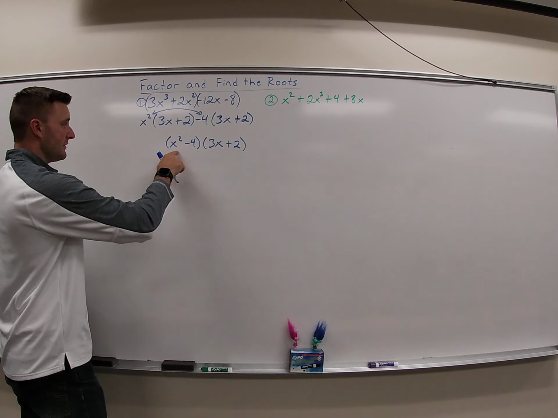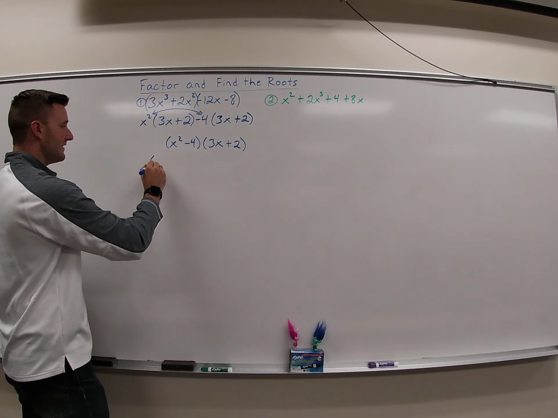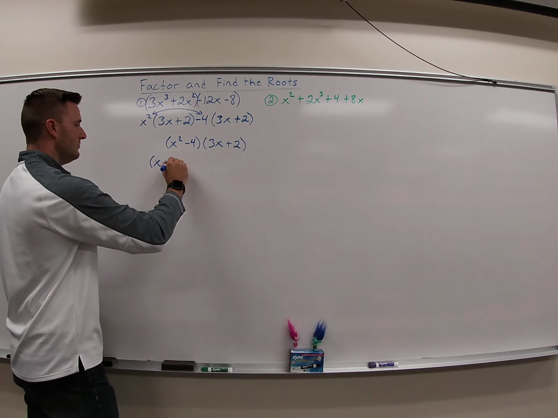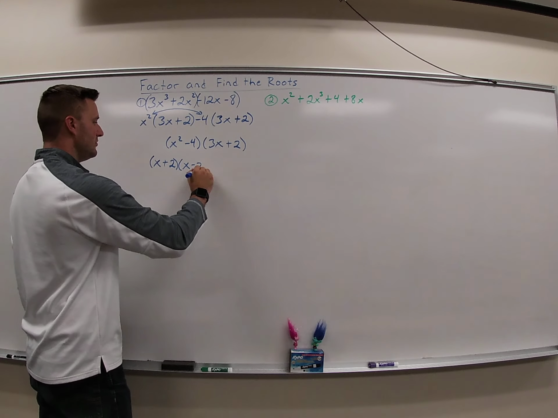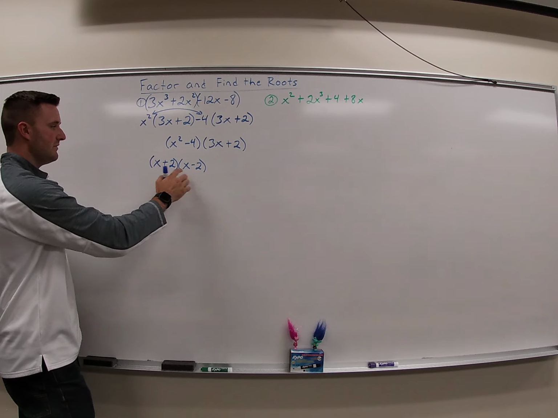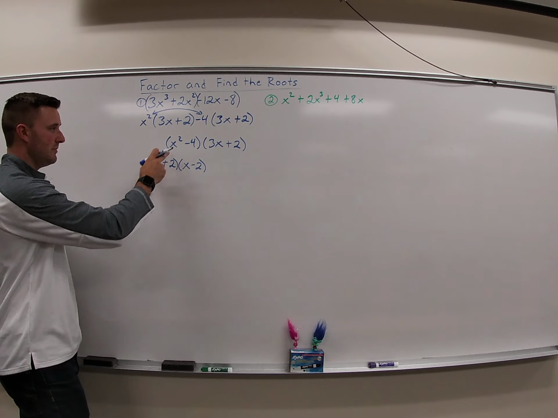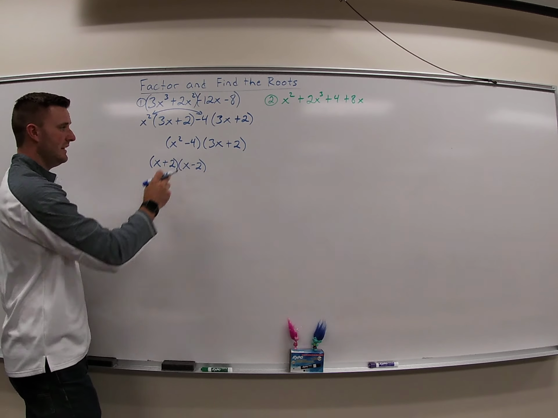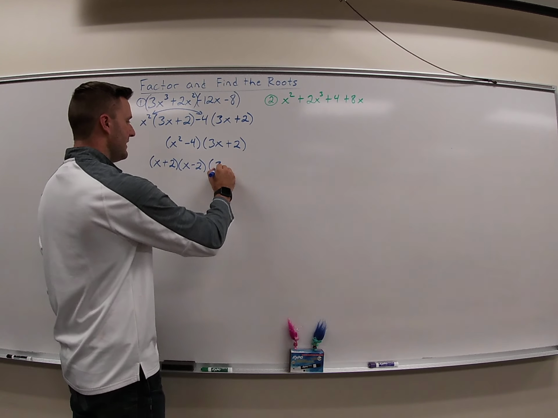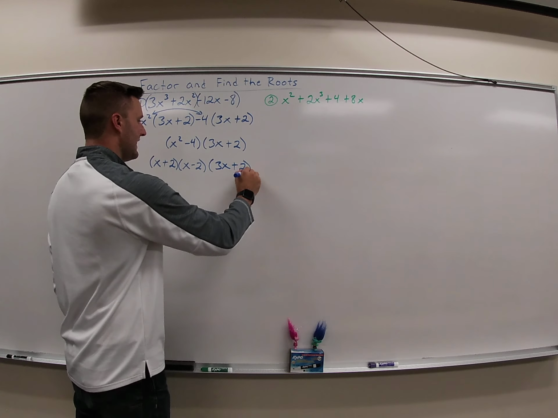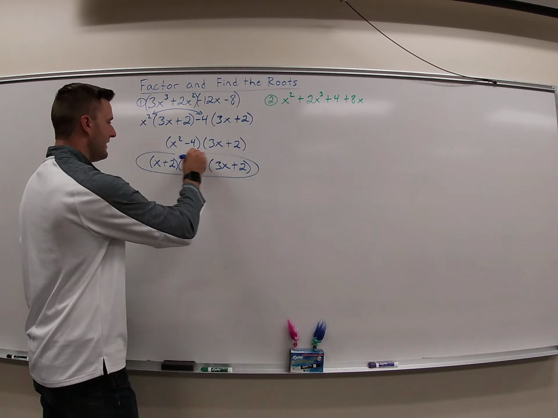With difference of 2 squares, we could technically say that this is x plus 2 times x minus 2. So you have one positive, one negative, because a positive times a negative gets you back to that negative. X times x gets you back to the x squared, and then 2 times 2 gets you back to 4. So really a better answer would be what we have here in our 3 factors.